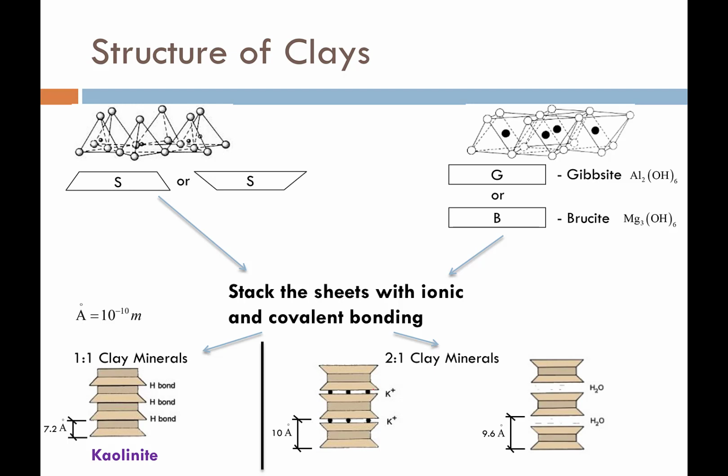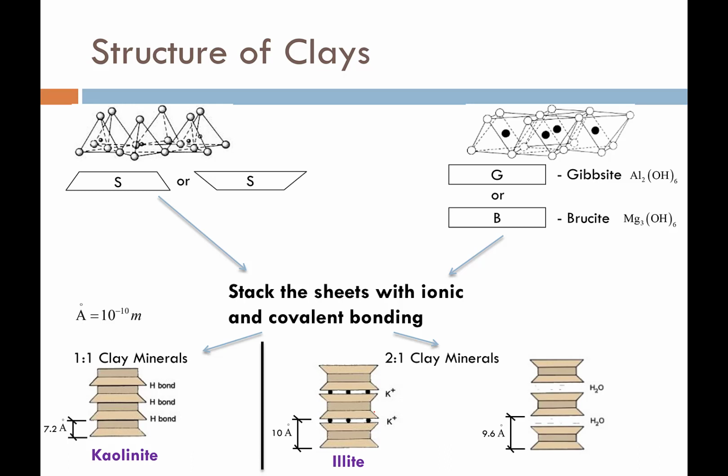Now, let's say in this particular environment we had a lot of potassium ions available as well. Those potassium ions may situate themselves in this manner and form a link between these different silica sheets. And then you get this sandwich effect. If this is what you're dealing with, then this might form a mineral that we call illite.